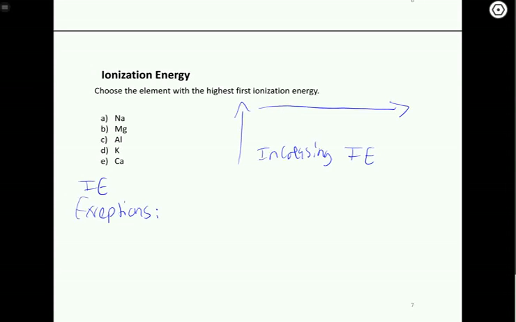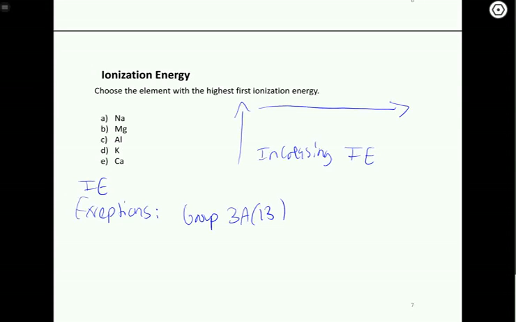This doesn't apply to all the periodic trends, just ionization energy. So group 3A, which we could also abbreviate as group 13. Group 3A or 13, sorry about that.